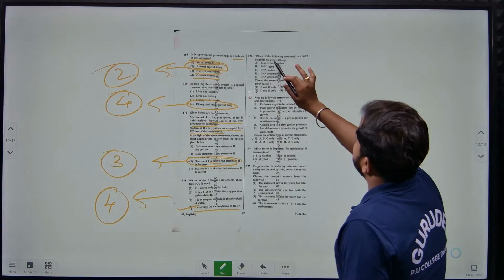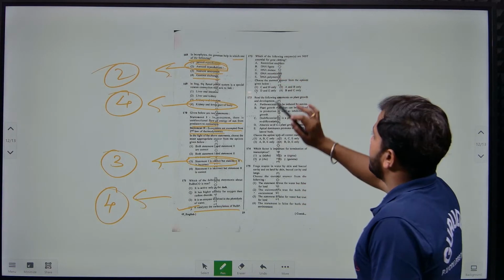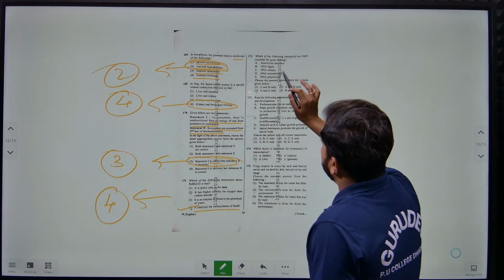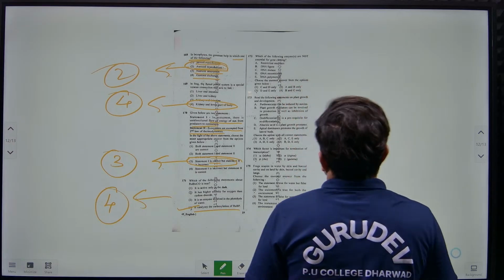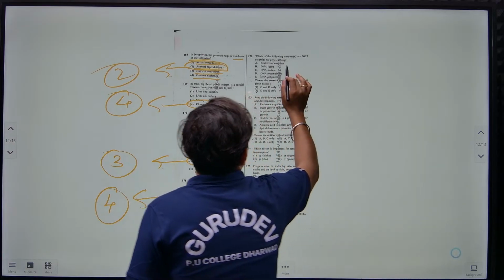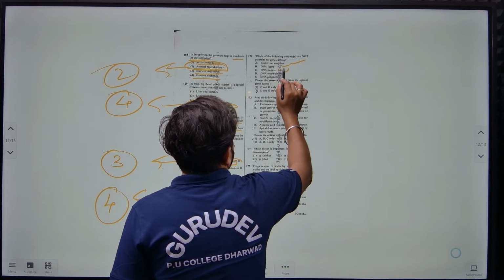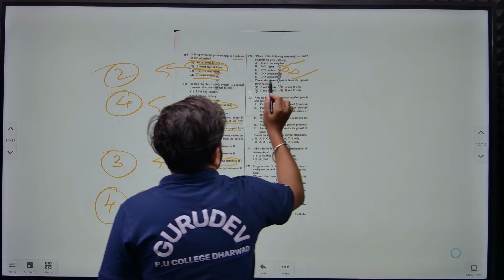72 question. Which of the following enzymes are not essential for gene cloning? So they mentioned restriction enzymes, DNA ligases, DNA mutases, DNA recombinase, and DNA polymerase. So restriction enzyme is required for gene cloning, DNA ligase is required, DNA mutase is not required, DNA recombinase is not required, DNA polymerase is required.